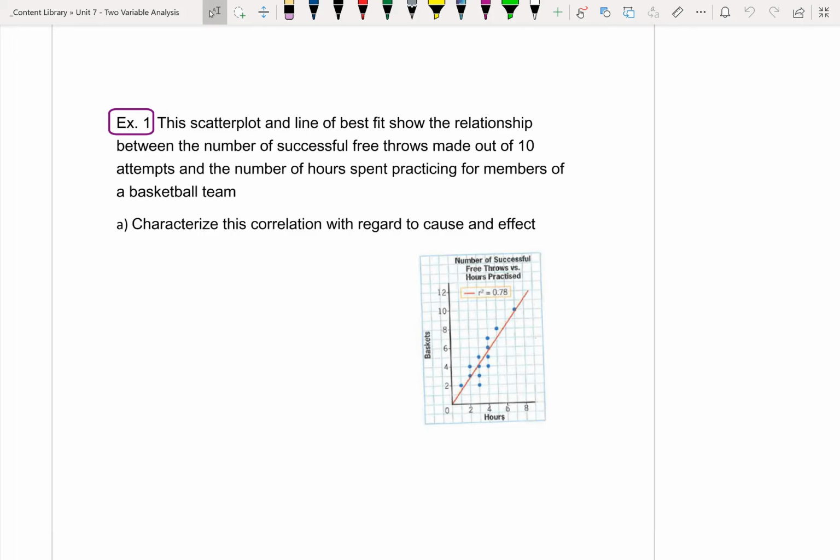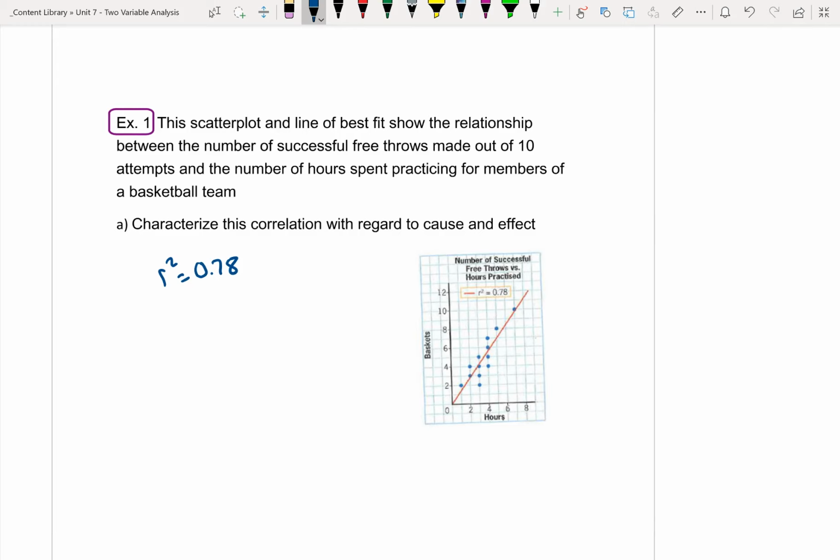Given in our graph, we have our R squared value, which is equal to 0.78. So we could say that with this correlation, 78% is due to the number of hours spent practicing, and the remaining 22% is left to random variables or randomness.